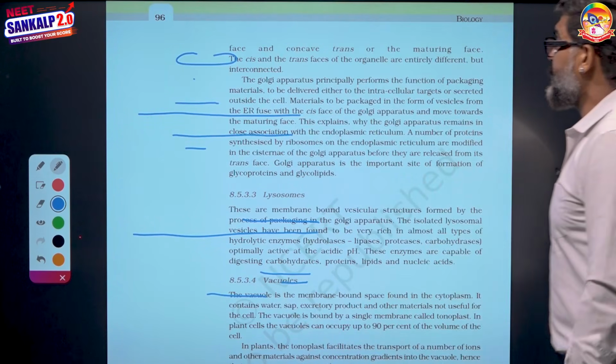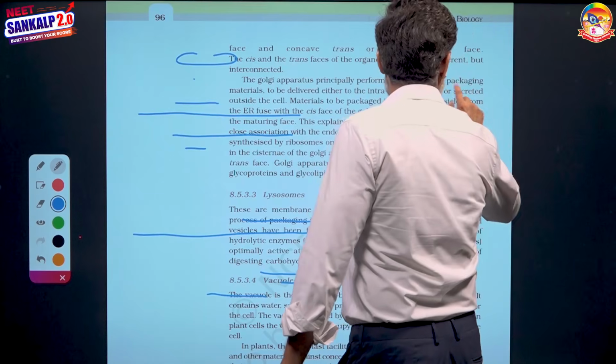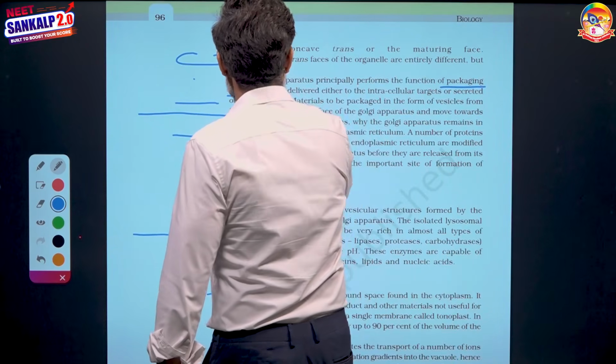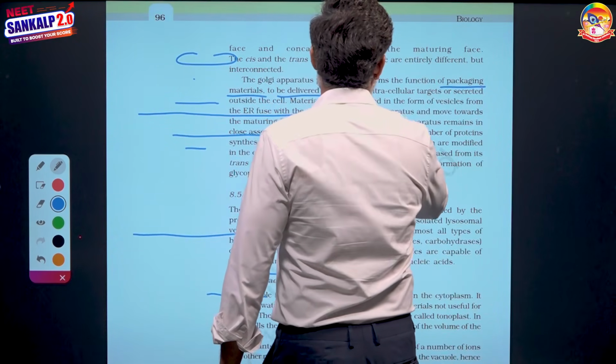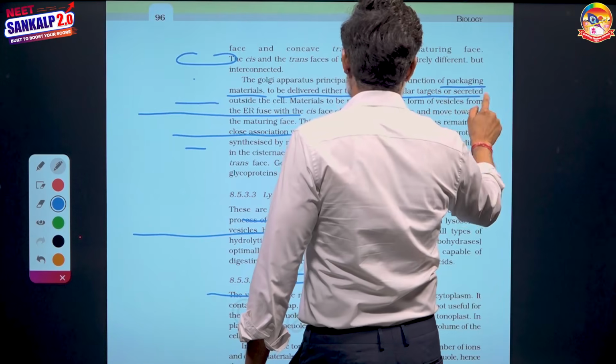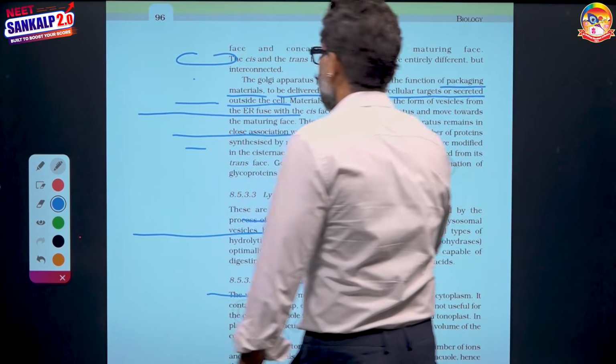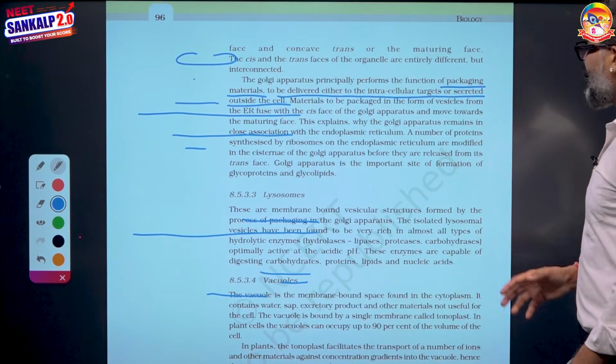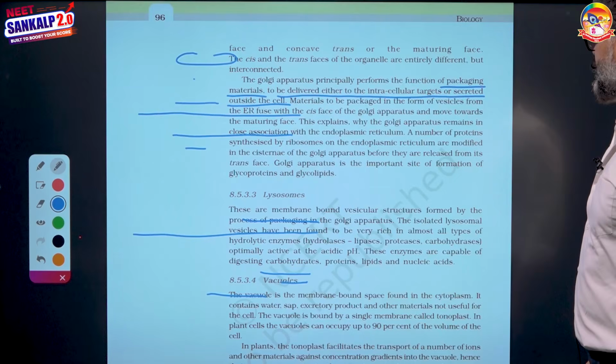The Golgi apparatus principally performs the function of packaging of the material to be delivered either to an intracellular target or secreted outside the cell.